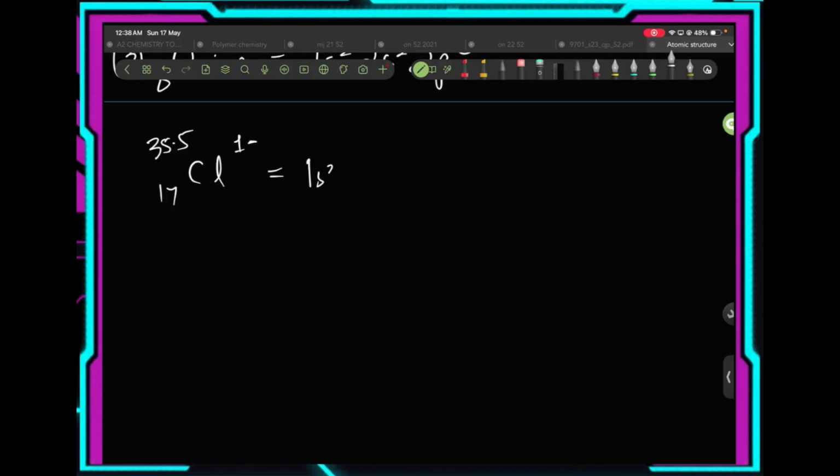So 1s2, 2s2, 2p6, 3s2, 3p5. Now you go back and you see that this is not a neutral atom. It has 1 minus charge. That means it has gained 1 electron. So what would be the final electronic configuration? Now you have to add one more electron, so this becomes 3p6. So this would be the electronic configuration for the chloride ion.